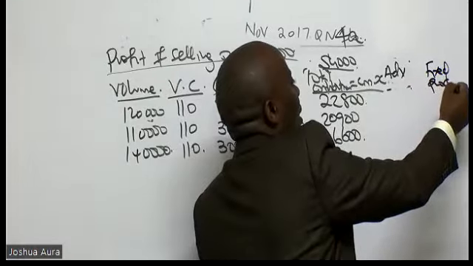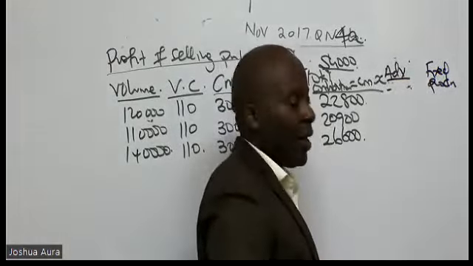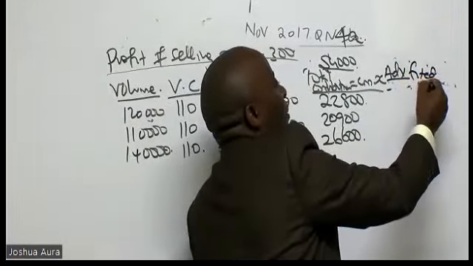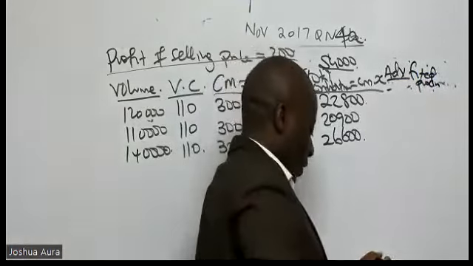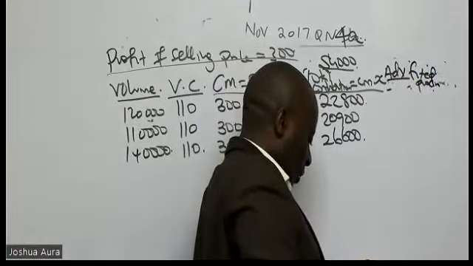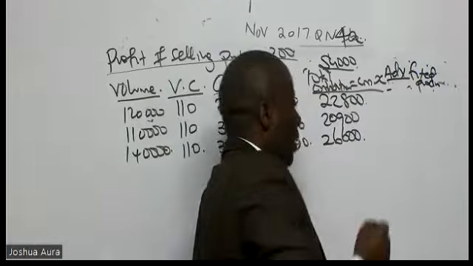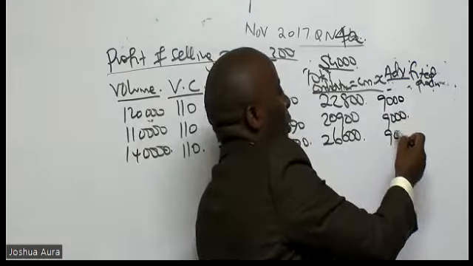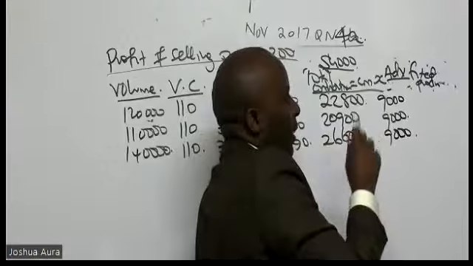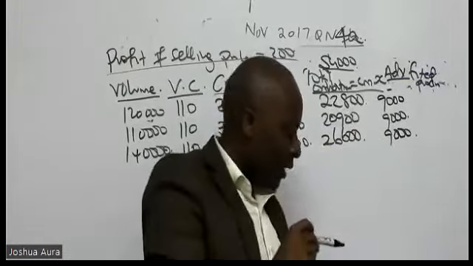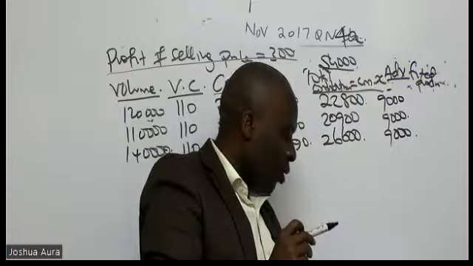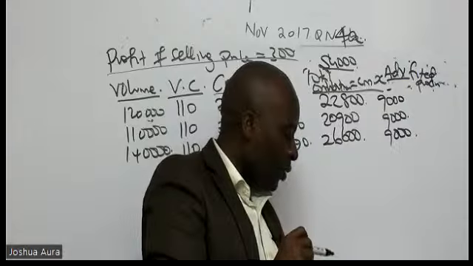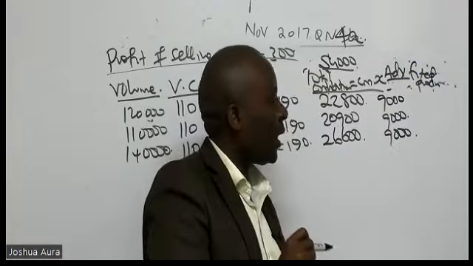The advertisement cost is going to be 9,000 throughout, regardless of the level of production. In note number 2, advertising cost would be 9 million, but I'm chopping the three zeros to be consistent, per annum at a selling price of 300. So in this case, it's 9,000.